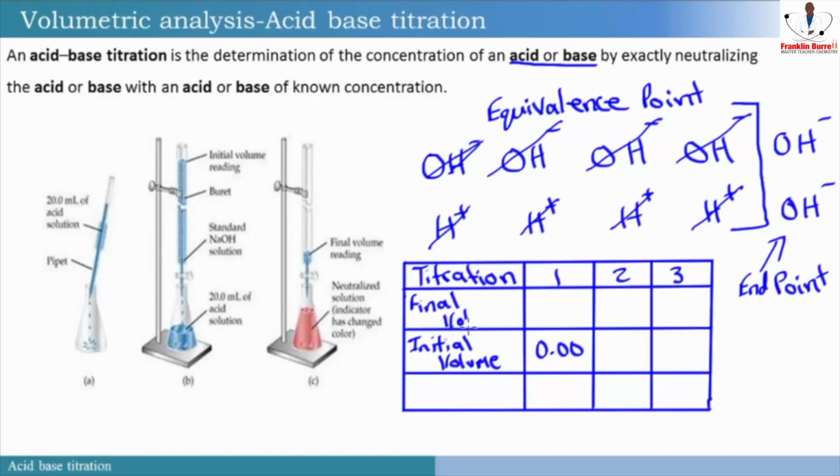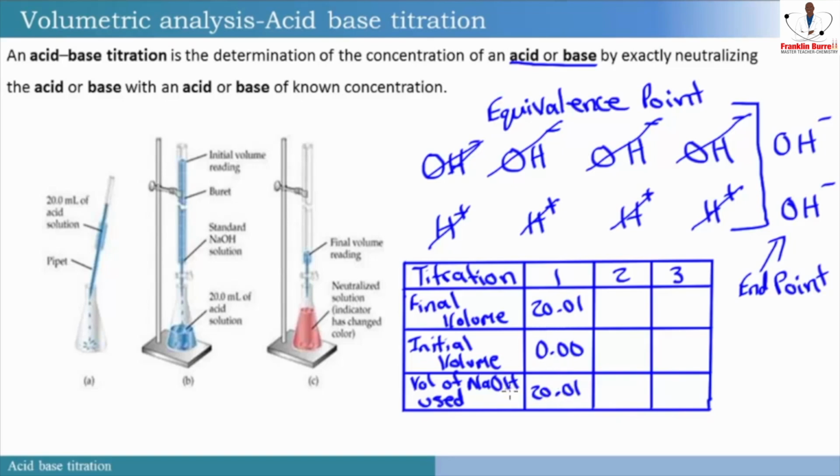And that volume is 20.01. The volume of sodium hydroxide used would now be equal to 20.01. So initial is 0, the final is 20.01.